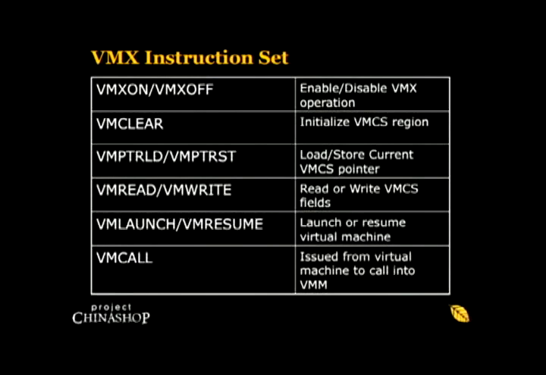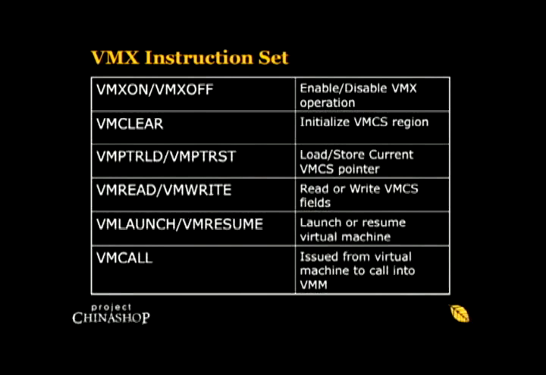Because the state is transitioned in and out quickly, you can only have one active VMCS. You need to select the active VMCS, operate on it, launch it, resume it, and if you're running more than one VM, you have to swap a VMCS for each one in and out.